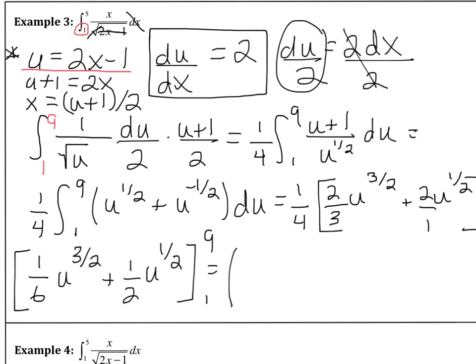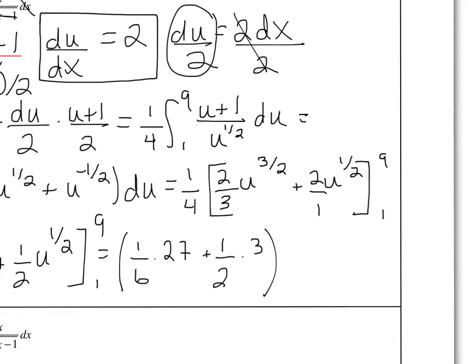So 1/6 and then 9 to the 3/2. Well, that means the square root of 9 cubed, so 3 cubed, which is 27, plus 1/2 times 9 to the 1/2, which is just 3.